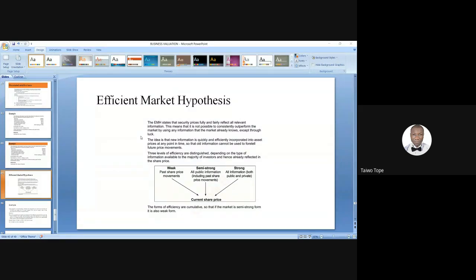In this strong form of efficiency, there would be no need to ban insider dealings. The fact that you are an insider, you have the privilege, you can as well work with the information. But insiders are banned from making money by trading before news becomes public, because once they do, they make use of such benefits or advantage.